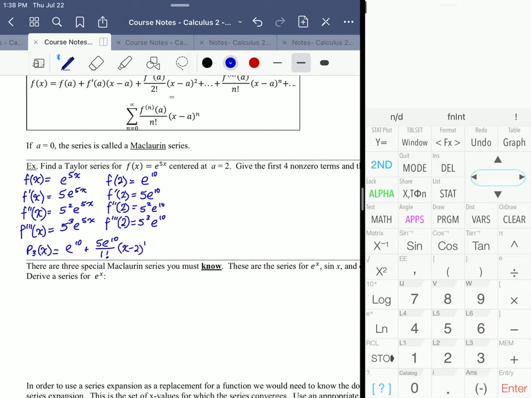Now it's centered at 2, so x minus 2 to the first, plus 5 squared e to the 10th over 2 factorial, x minus 2 to the second, plus 5 cubed e to the 10th over 3 factorial, x minus 2 to the third. There was a third in there, I just didn't put it in the right place.